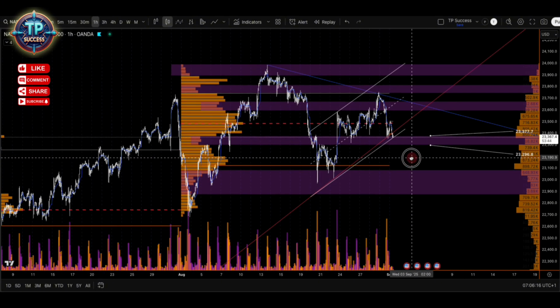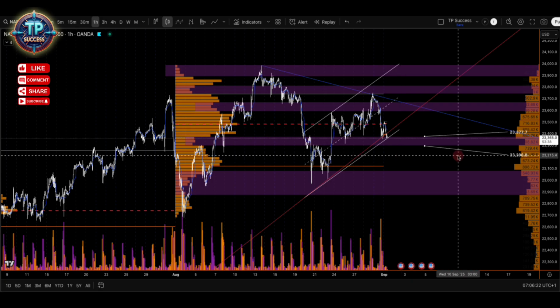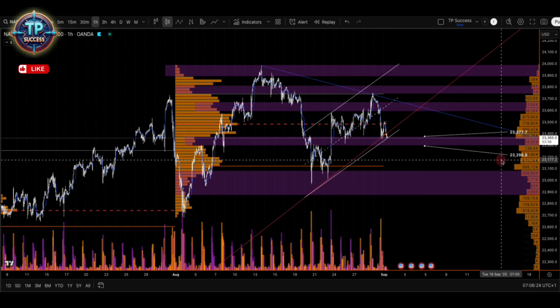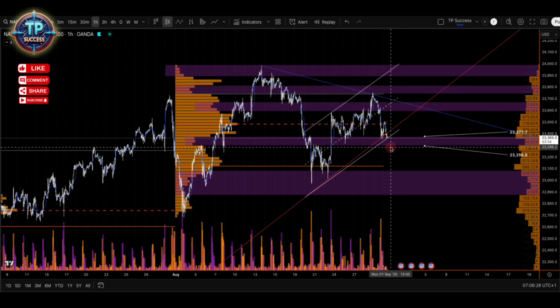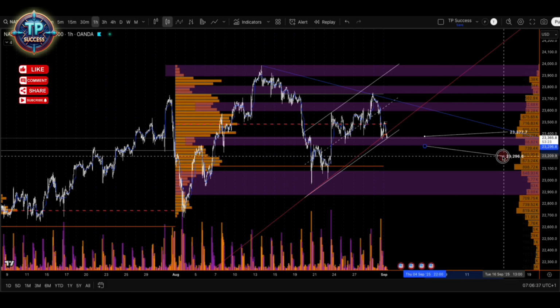So once again, certain levels have now come into view as potential levels of major interest to us. The main one being the downside of this low volume area, which is 23,296.8. That is this right here.